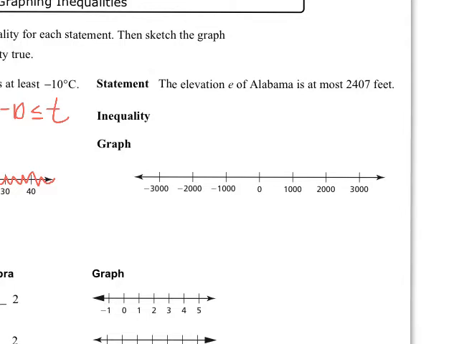So E, my variable, has to be smaller or equal to 2,407. Or again, if you flipped them around, 2,407 and E over here, E has to be smaller, so E is smaller than 2,407. All right, so I have, again, a closed dot at 2,407. I'm just going to approximate here, right there-ish. And E is smaller, so I'm coming back this way, smaller.